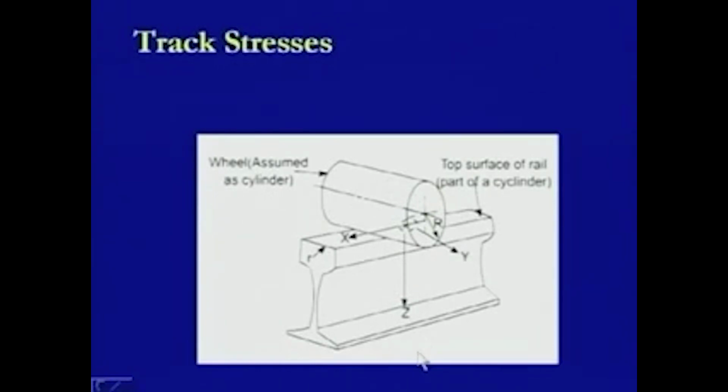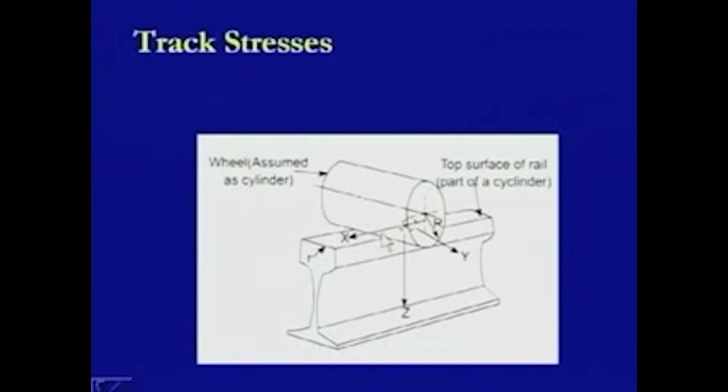Because of this type of movement, we are going to look at the forces induced in the x direction, that is, the longitudinal forces caused due to the tractive effort, due to braking, or due to the thermal stresses induced in these rail sections because of the fastenings provided at the foot level.